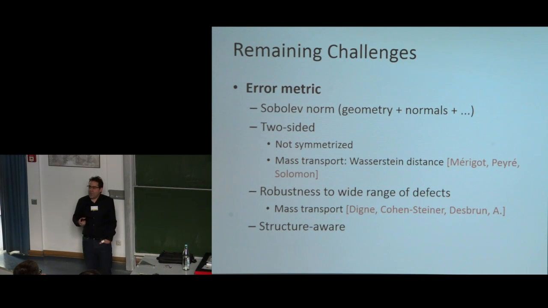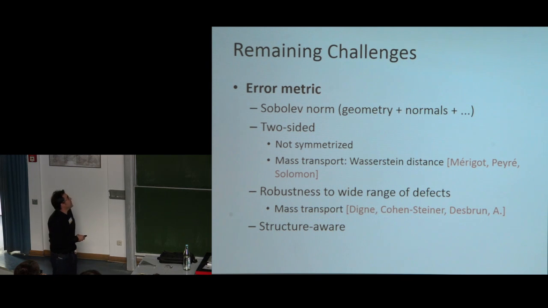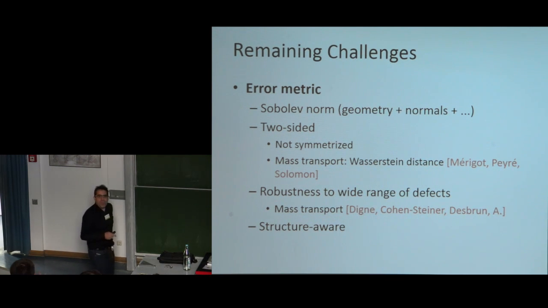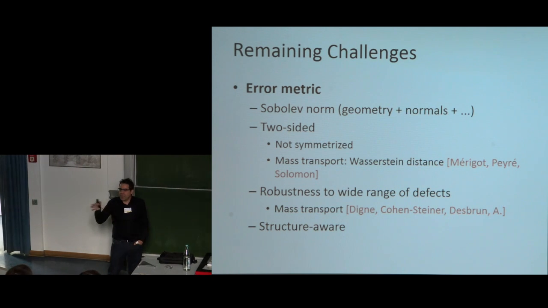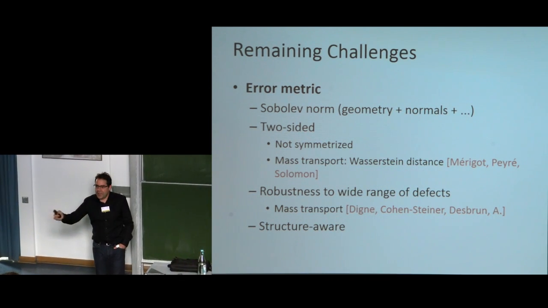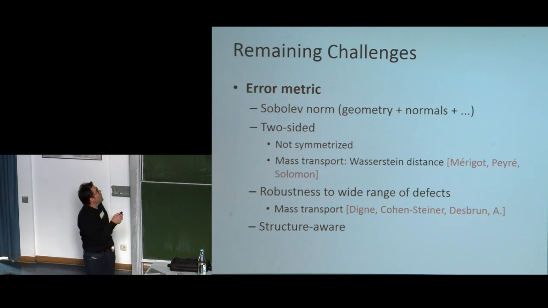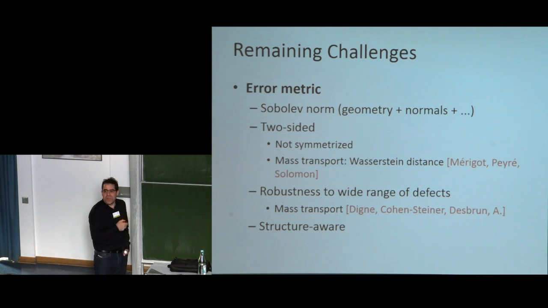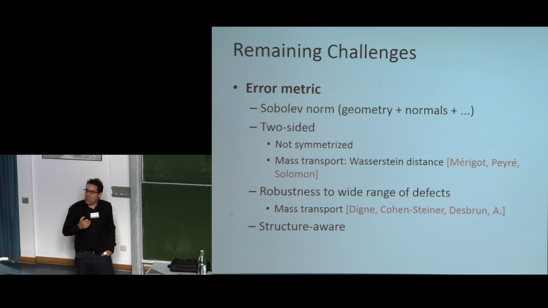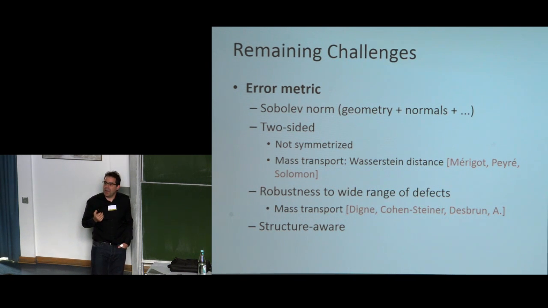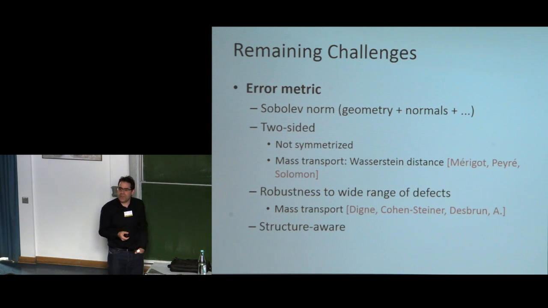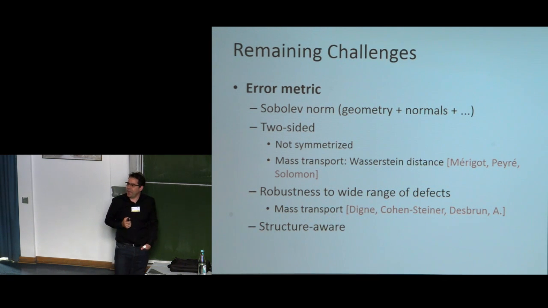So the first one is, of course, the error metric. We played a little bit with L2, L21, Hausdorff, one-sided, and so on. What is hard, and also very interesting, is what about a Sobolev norm? Something really much more general. Let's say I want to preserve geometry, and the normals, and the curvature. What does it mean?